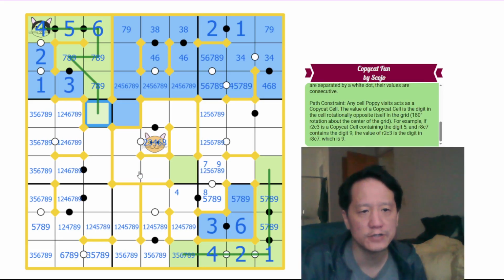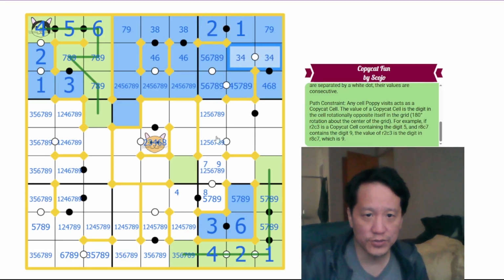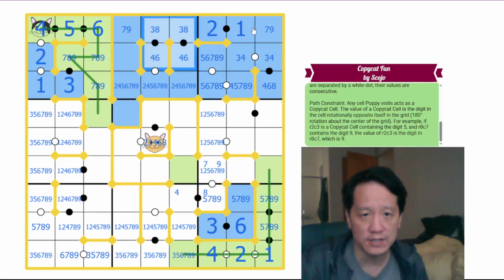But then that does mean it cannot... So this is a contradiction here, right? 3 can't be here, 3 can't be here, 3 can't be here, if these are all non-copycat.